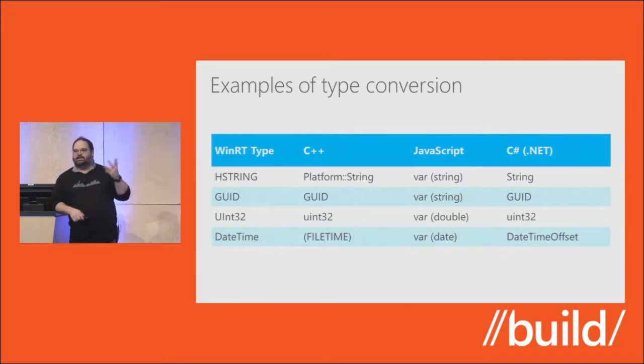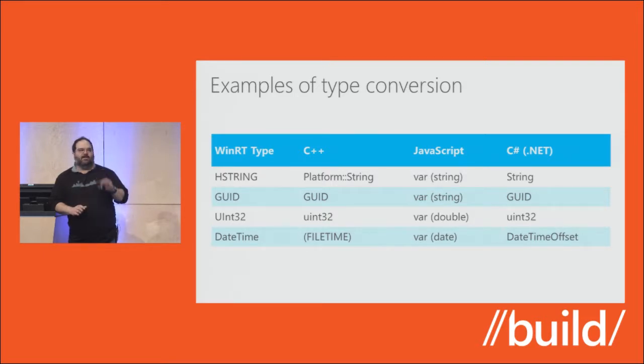In C++, it's platform string. And that's different than an HSTRING. JavaScript has vars, variant types, and it's a string inside there. And it's not the same as an HSTRING, and it's not the same as a platform string. C# has their own representation for strings as well. And so you do convert to an HSTRING on the way in and way out.